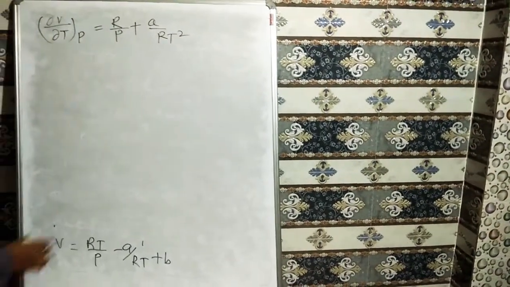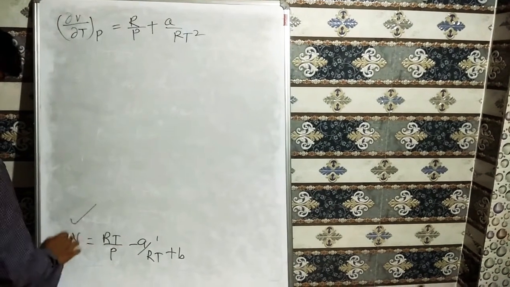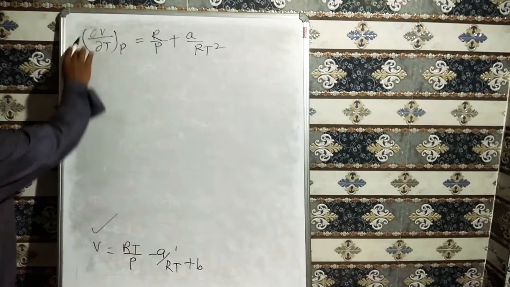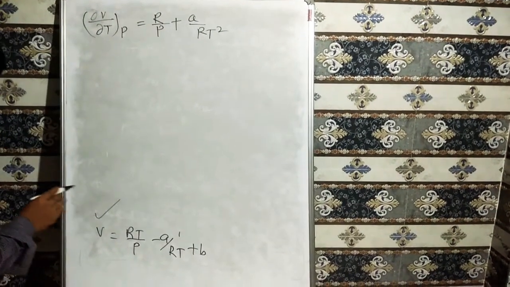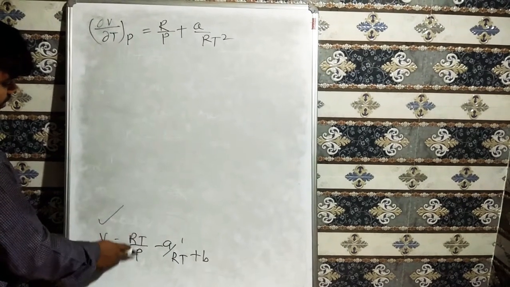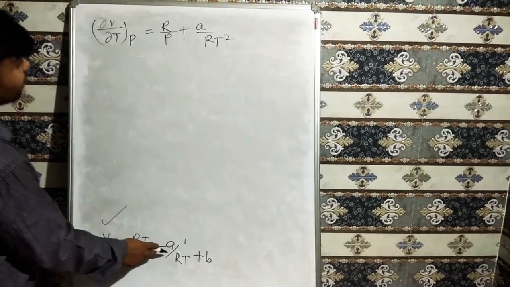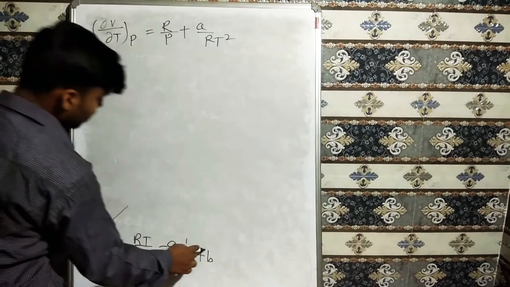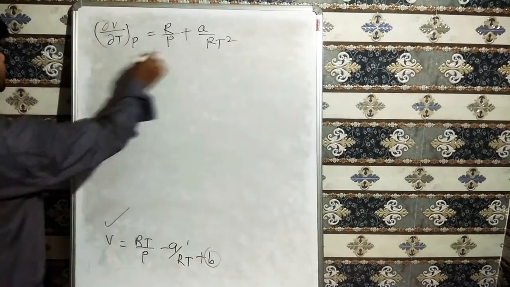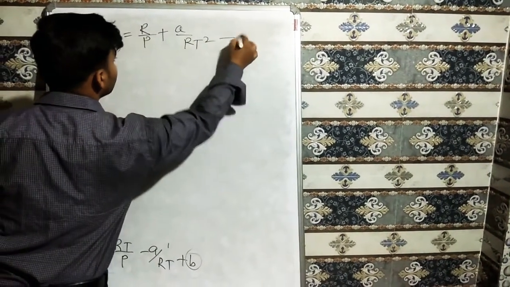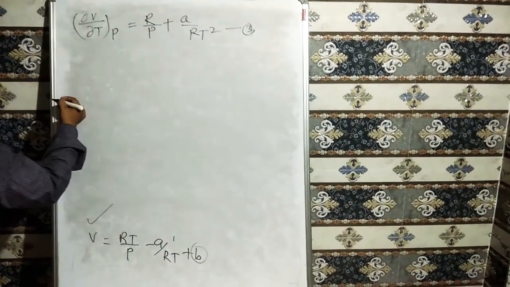If we differentiate this expression with respect to temperature at constant pressure, then we get del V by del T at constant P equal to R by P, because the derivative of T with respect to T equal to 1, minus A by R T square. V is a constant term, so that we get this expression. Now suppose this expression is equation 3.